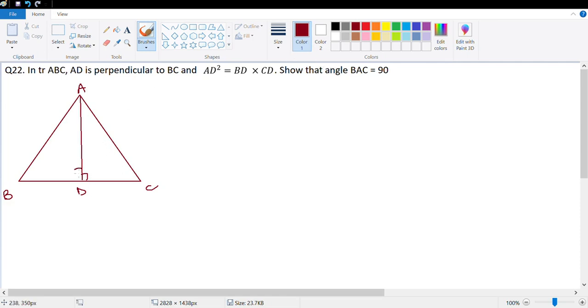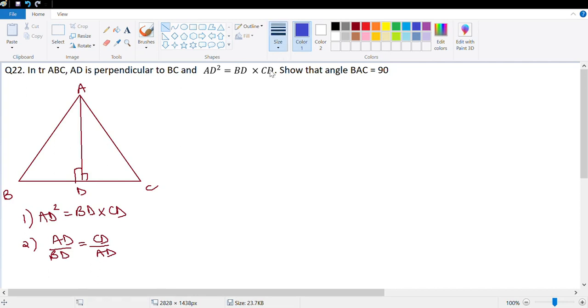What is given is, point number 1, AD square is equal to BD into CD. If I write this in fraction form, AD upon BD is equal to CD upon AD. If I highlight this, let's see how it looks.